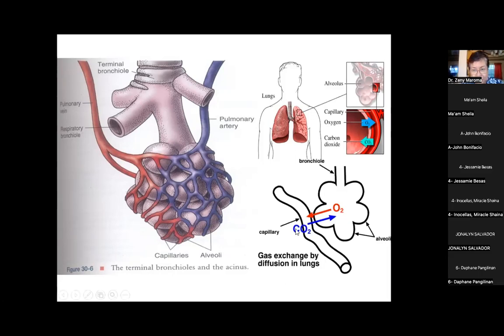Anong mangyayari ngayon? The unoxygenated blood will go back to the pulmonary vein, to the left atrium, to the left ventricle, and being circulated in the body. Kaya anong itsura ng pasyente? Nag-blue po.